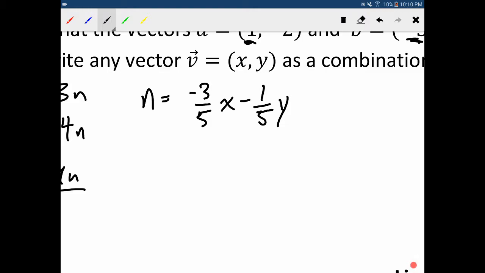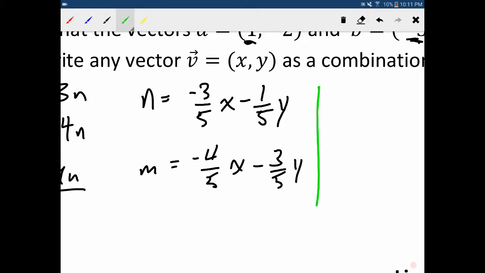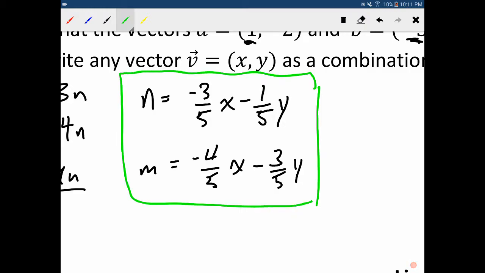Then I can substitute this into one of the other equations, and what I'll get is that m is, and I did this ahead of time, hopefully I didn't make any mistakes, I did it pretty quickly but I'm pretty sure I'm right, negative 4/5 x minus 3/5 y.